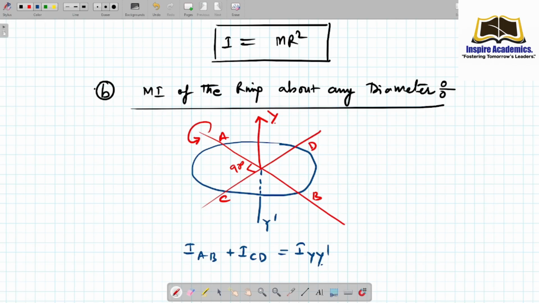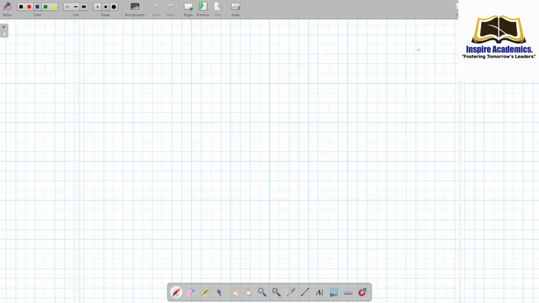So what will that be? Both are going to be the same. Let us say I diameter plus I diameter is equal to I YY, and I YY dash was what?